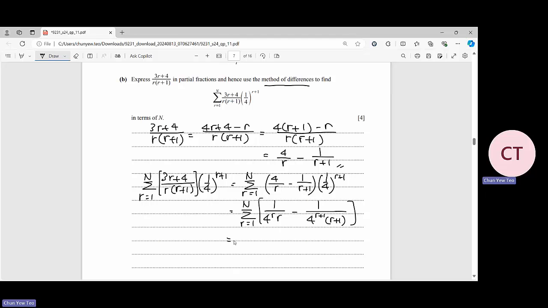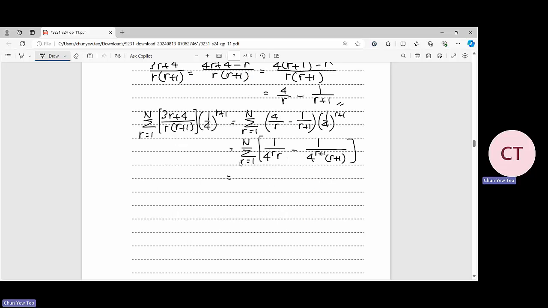Okay, if you expand them in such a way, you can see this. Then after that, you replace r equal to 1 inside, so it will be 1 over 4 times 1 minus 1 over 4 squared times 2. Then 1 over 4 squared times 2 minus 1 over 4 cubed times 3, plus 1 over 4 cubed times 3 minus 1 over 4 power 4 times 4, and so on.